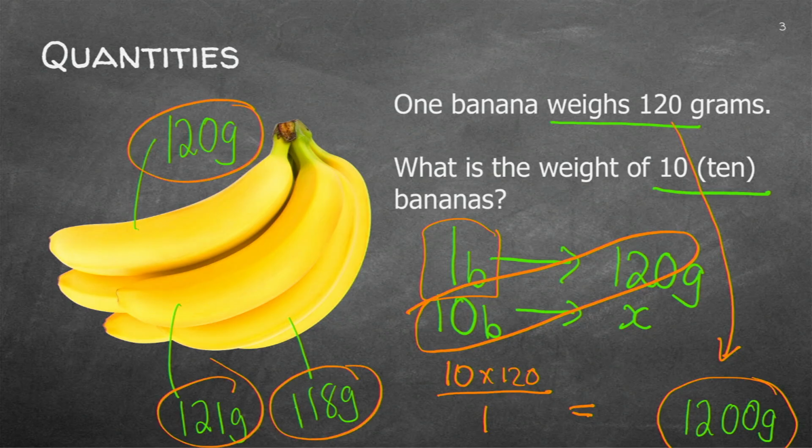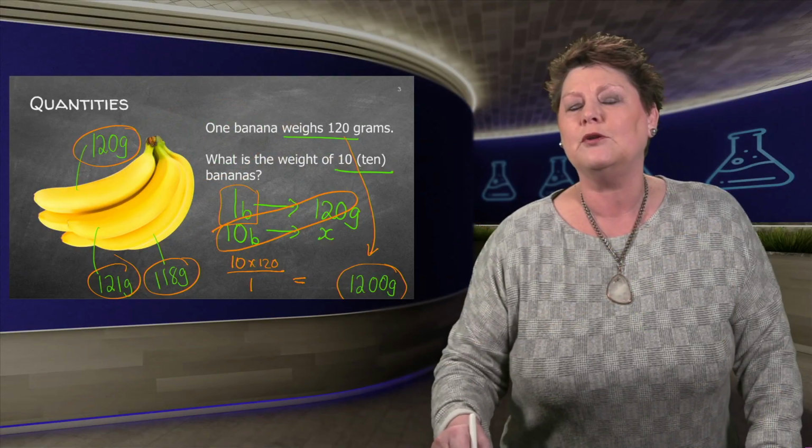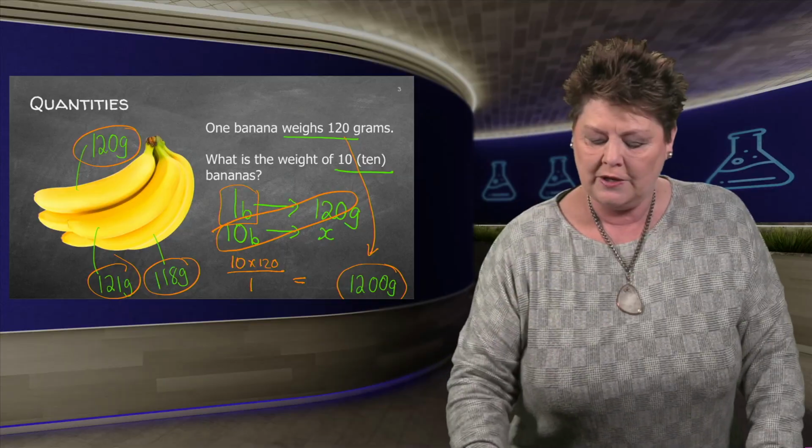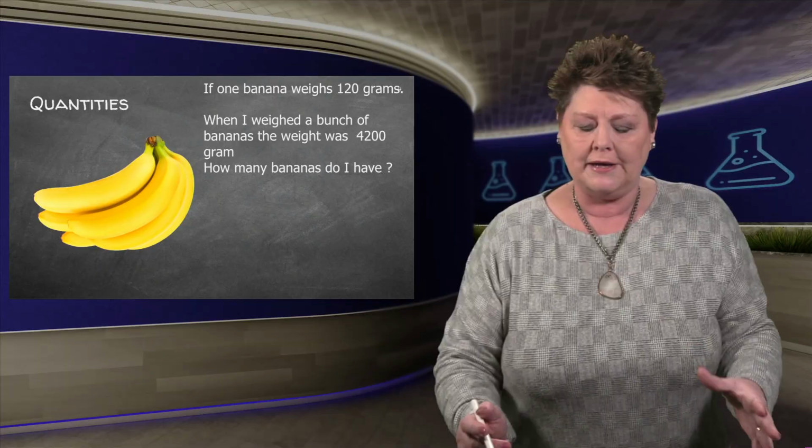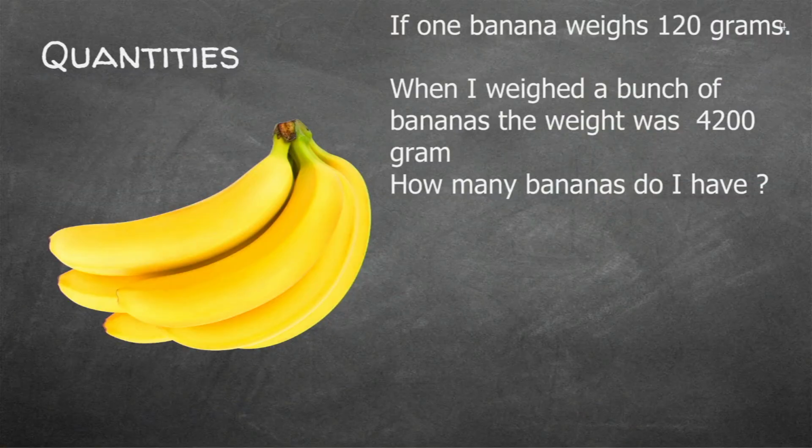You can see there, we're going to use this right through the periodic table because we're working with averages. Right, let's have a look at another question in terms of bananas. If one banana weighs 120 grams, when I weighed a bunch of bananas, the weight was 4,200 grams. So if I had one banana, I had 120 grams.